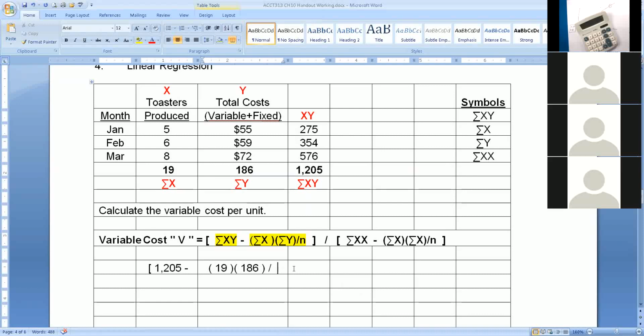Those of you that have had statistics, does anyone want to jump in and say what the n would be? I'll give you a hint. The n has to do with averaging.